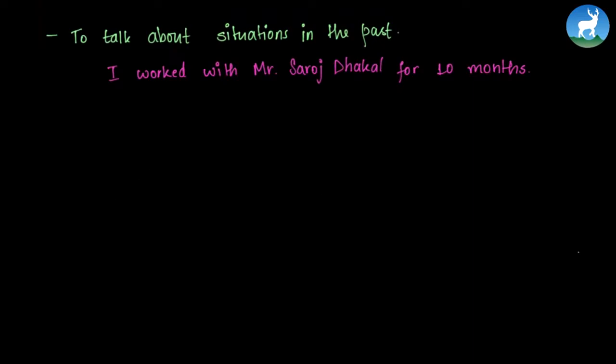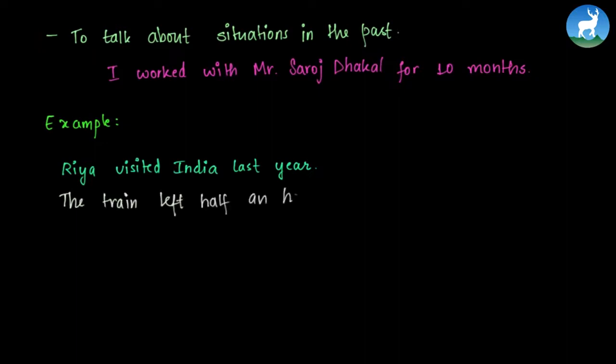Some more examples of simple past tense. Ria visited India last year. We are talking about an event that happened in the past and is now finished. Ria is no more in India. She visited India last year. The train left half an hour ago.